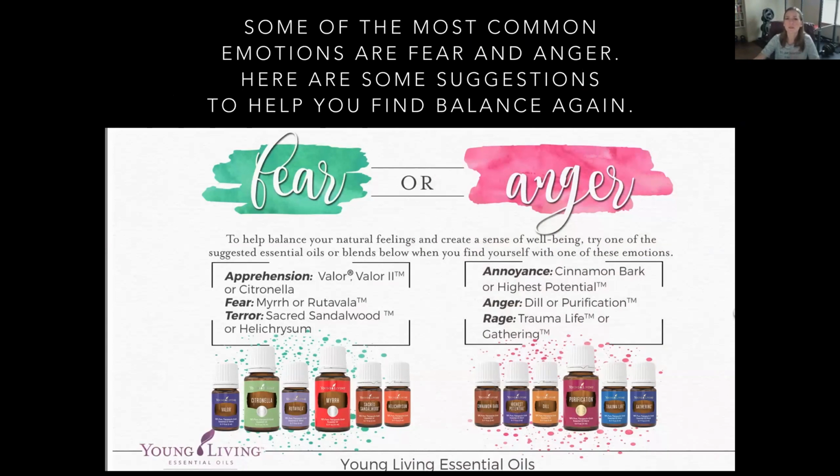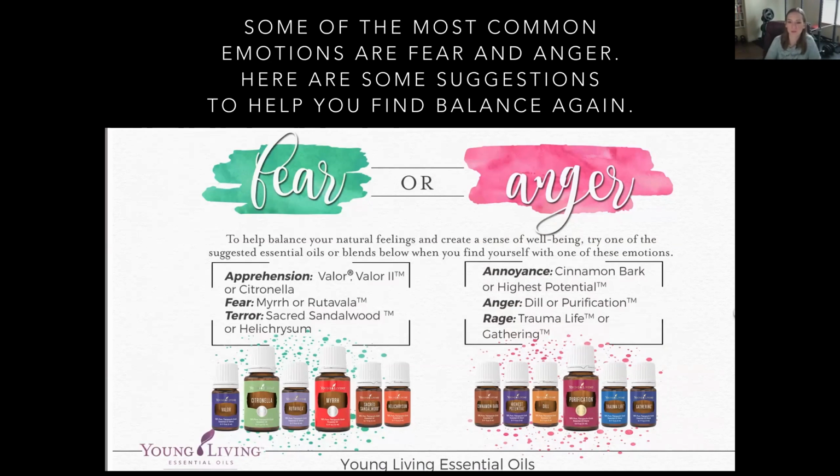So some of the most common emotions that people deal with are fear and anger, anxiety over the future, or anger at things that were done to you possibly in the past, or things that you're dealing with in your current life situation. Those tend to be the first things that pop out. So this was just something that can give you a little bit of a nudge.